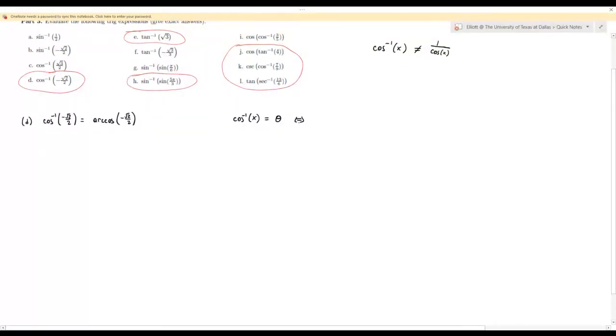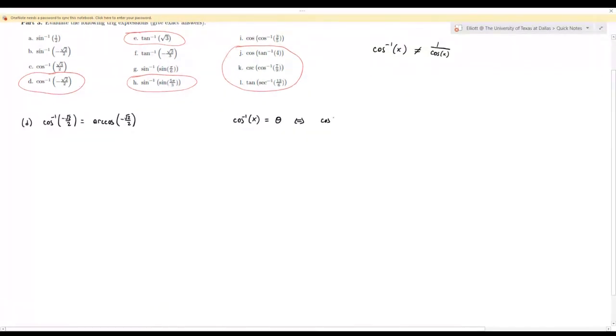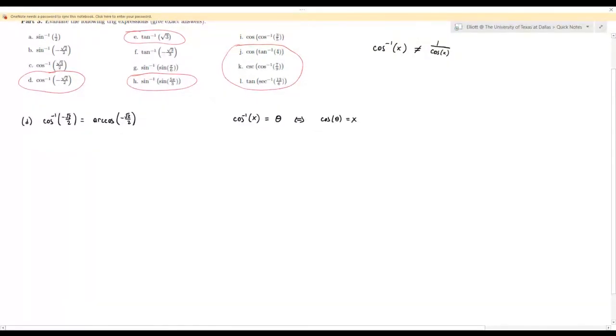So the cosine inverse of x equals theta. That's equivalent to saying cosine of theta is equal to x. The way I think about it is moving the cosine inverse to the other side, and when you move it, it becomes an ordinary cosine. So it's cosine of theta equals x. Okay.